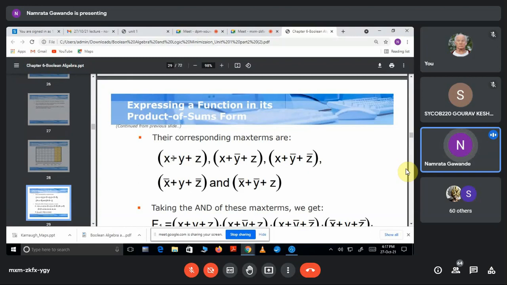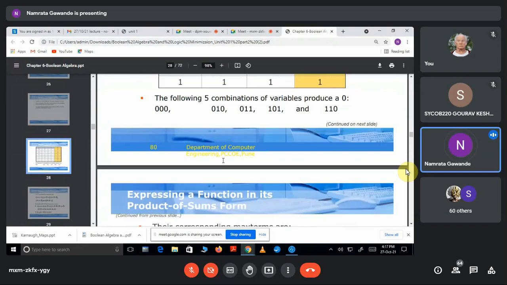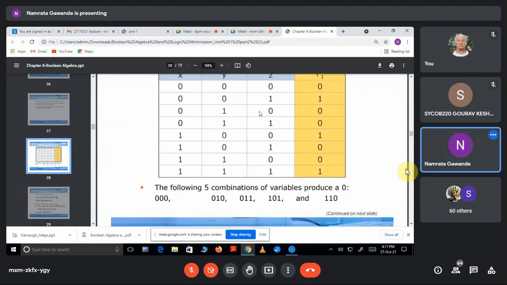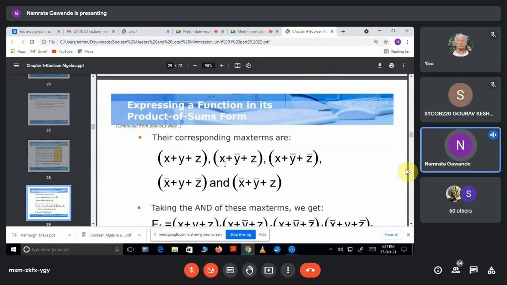So for this particular term, x represents 0, y also represents 0 and z also represents 0. This is the first term, 0, 0, 0. Then 0, 1, 0: how is it written? x plus y bar plus z. So 1 indicates bar, right?